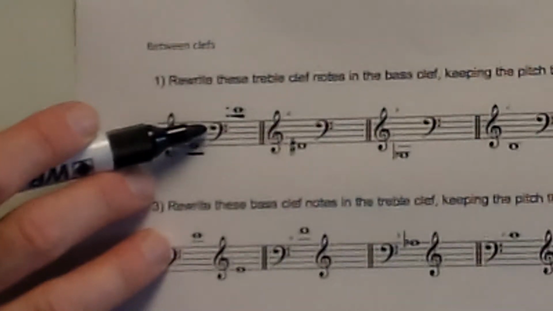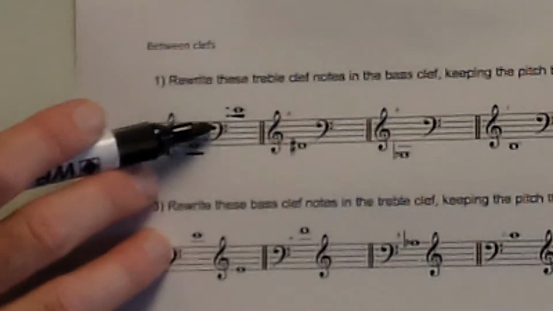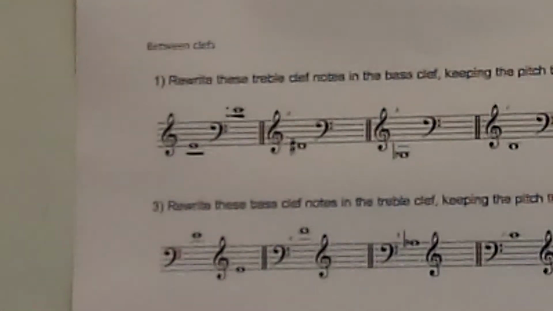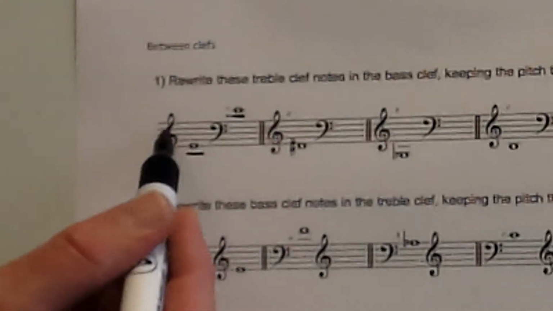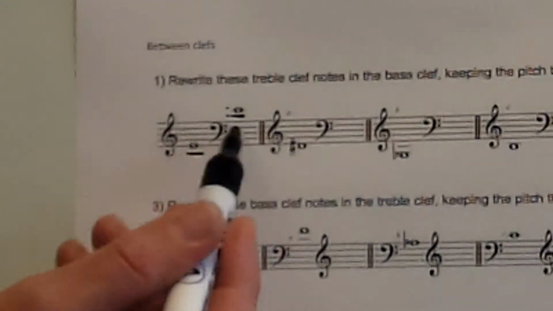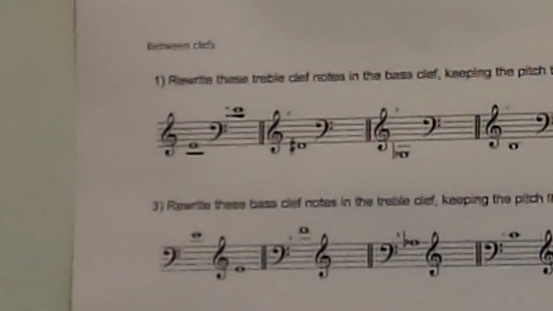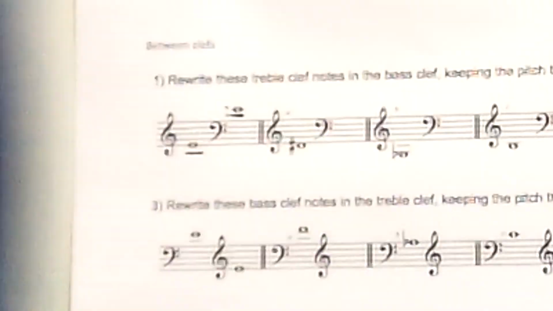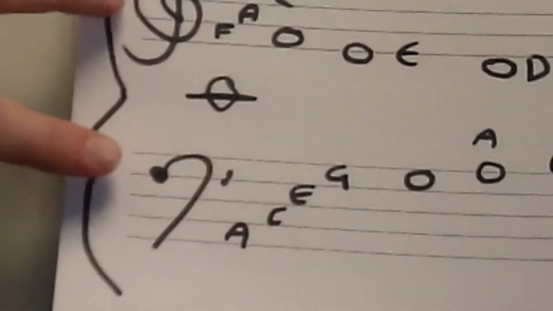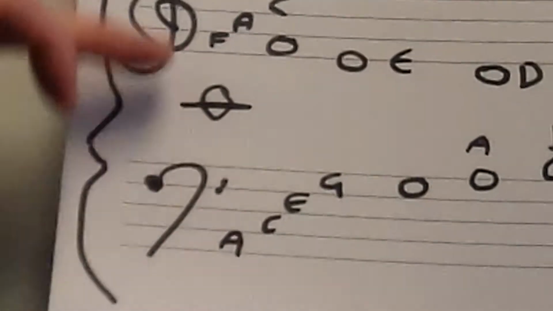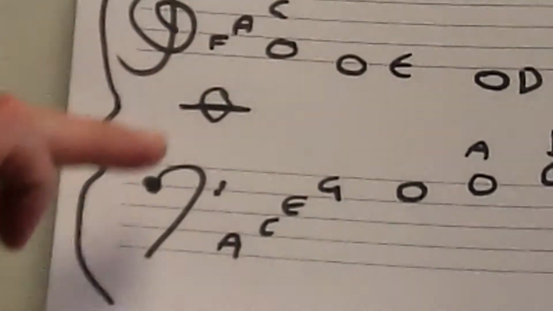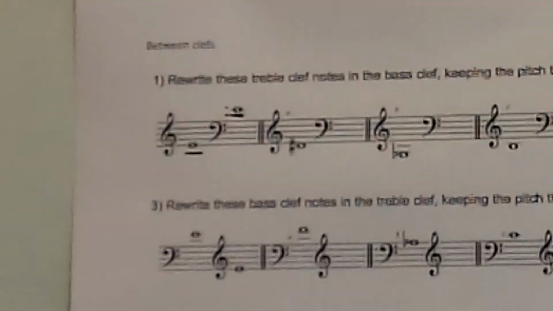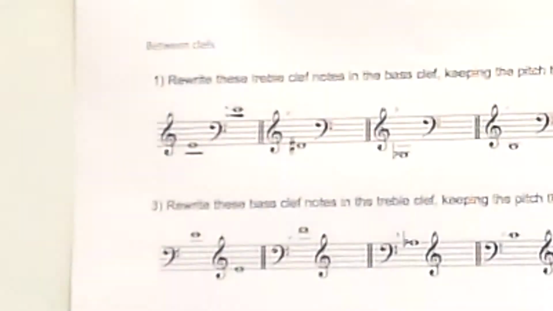In the bass clef, middle C is one ledger line above. It gets confusing because the treble and bass clef are written on the same level. Normally, as you saw in my previous example, the treble and the bass clef are written above and below each other, so you can see where the middle C note is. So try not to get too confused by that.